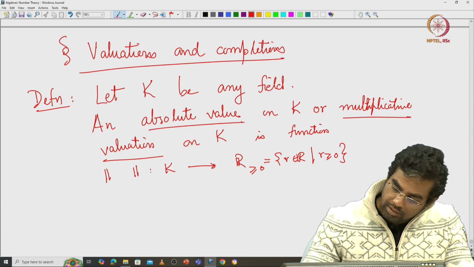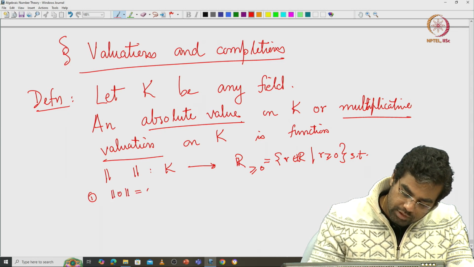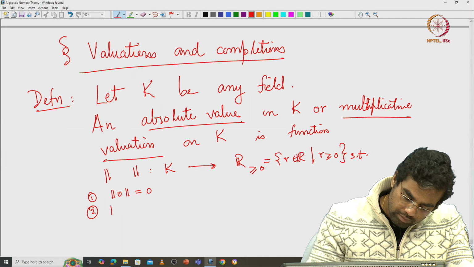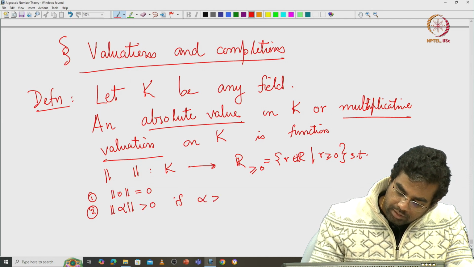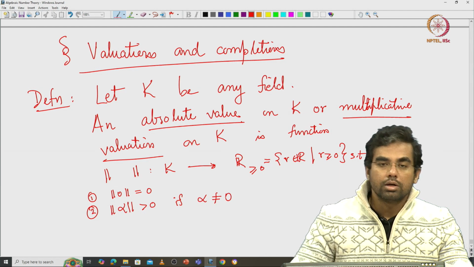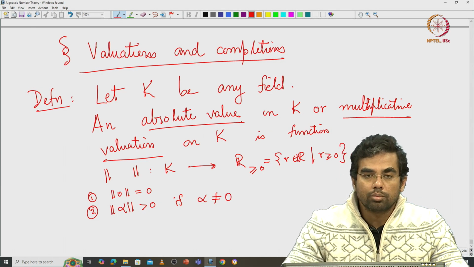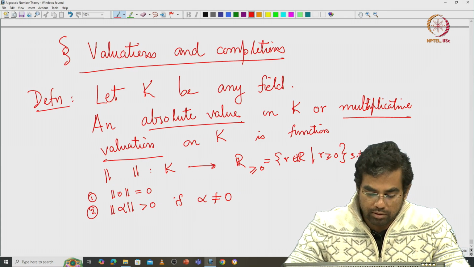what are the properties? 1: the valuation of 0 is 0. The valuation of alpha is bigger than 0 if alpha is not equal to 0. Okay. So, any non-zero number will have valuation different from 0; 0 is the only element of K which has valuation 0.